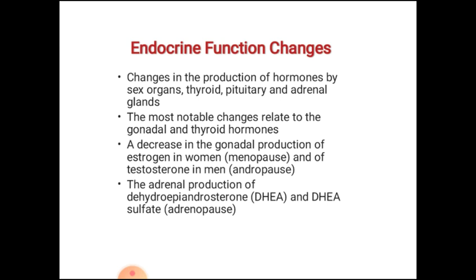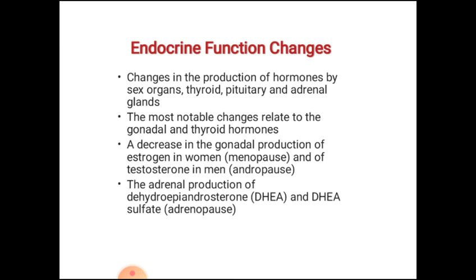So, what endocrine function changes occur with aging? Changes in the production of hormones by the sex organs, thyroid, pituitary, and adrenal glands. The most notable changes are related to the gonadal and thyroid hormones. These are the two major glands affected by age.